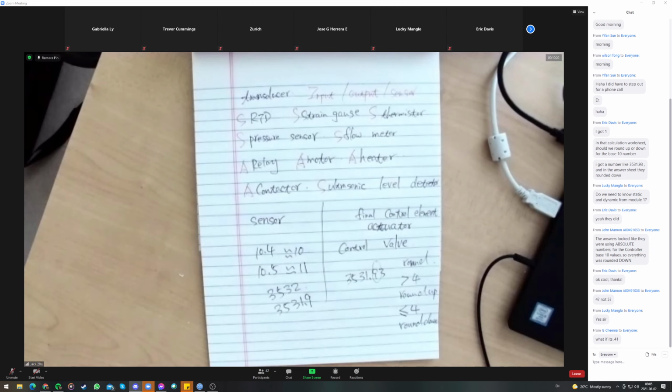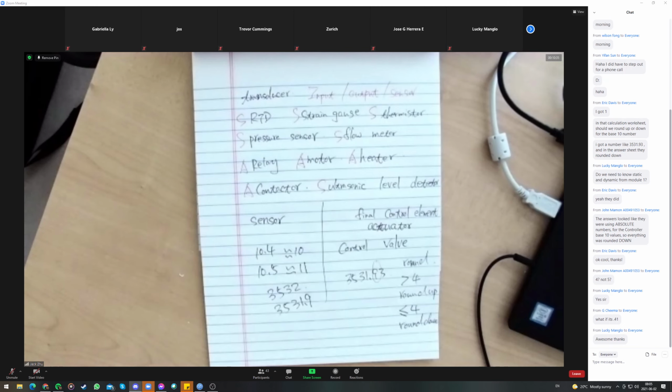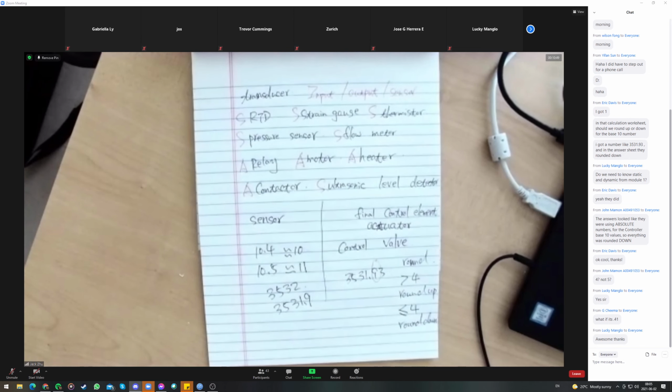If you are a good student, then you don't need to worry about static or dynamic from module 1. If you have 0.41, you round to the whole number, you round down, because 4 is smaller than 5, so equal or smaller than 4, you always round down.